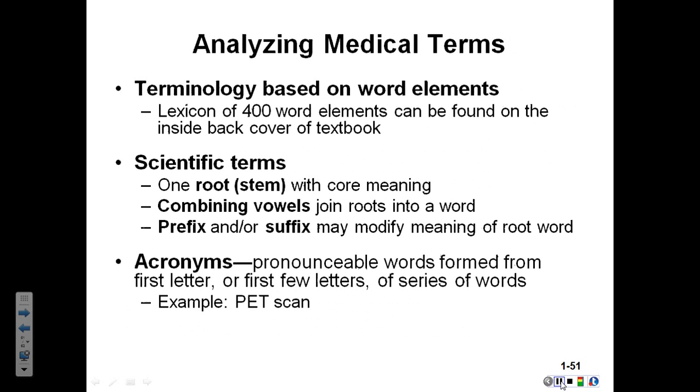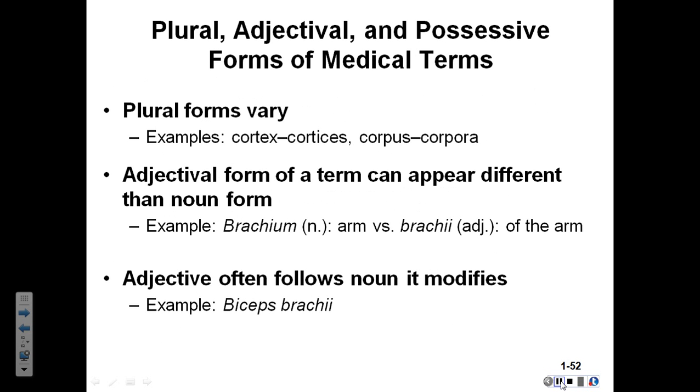Terminology we kind of mentioned. You got root or stem words. You got combining vowels. You have what are called prefixes and suffixes. An acronym. What letters mean what? Like A in front of a word means without something. Avascular means what? No blood supply to that particular region of the body. Plural, more than what? One.